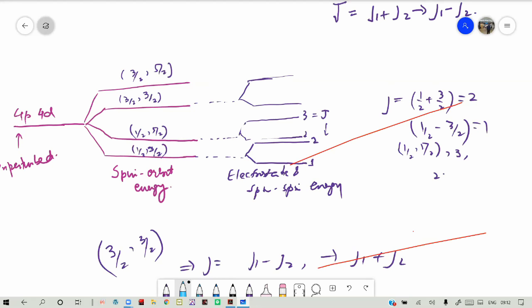Not here. This is here. So J is 0, 1, 2, 3. Similarly for this, 1 to 4: 1, 2, 3, 4.